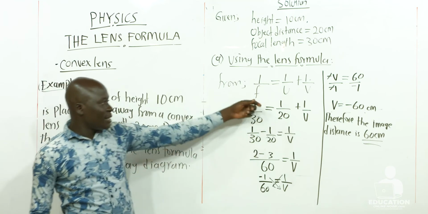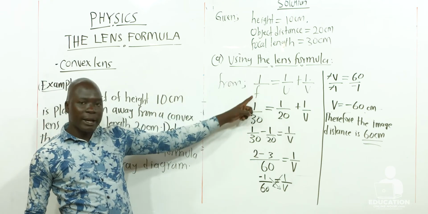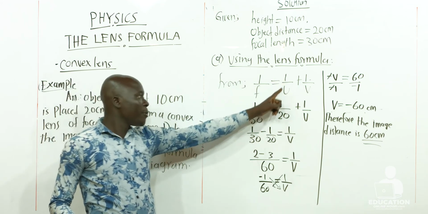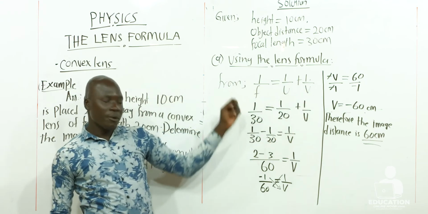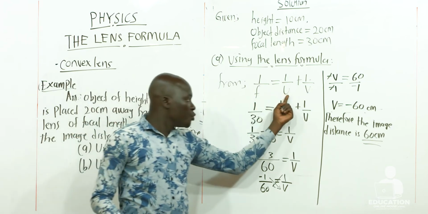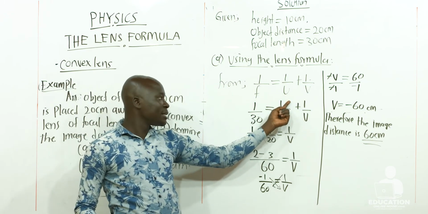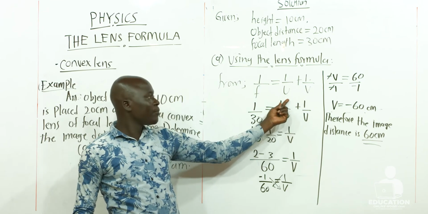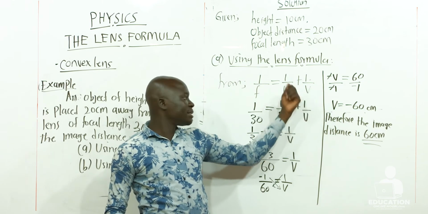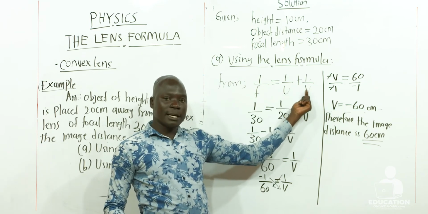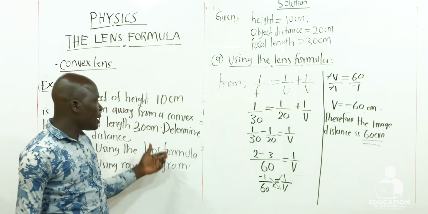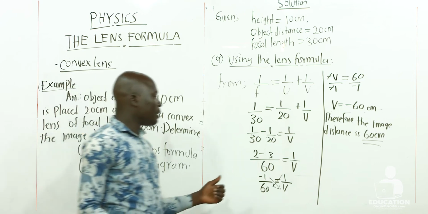I said the lens formula is given by 1 divided by F, which is equal to 1 divided by U plus 1 divided by V, where F is the focal length of the lens, U is the object distance, that is the distance between the object and the optical center, then V is the image distance, that is the distance between the image and the optical center. So this is how we apply the lens formula to get the image distance.